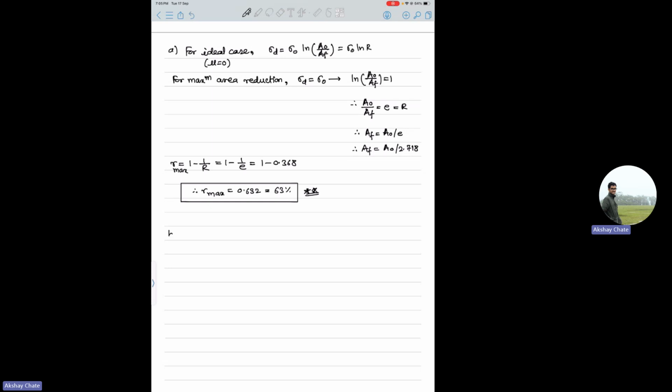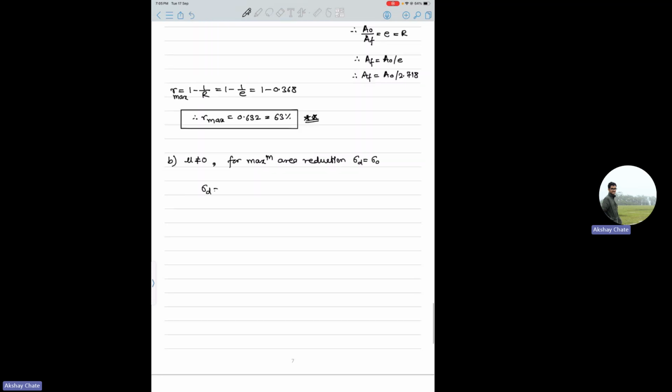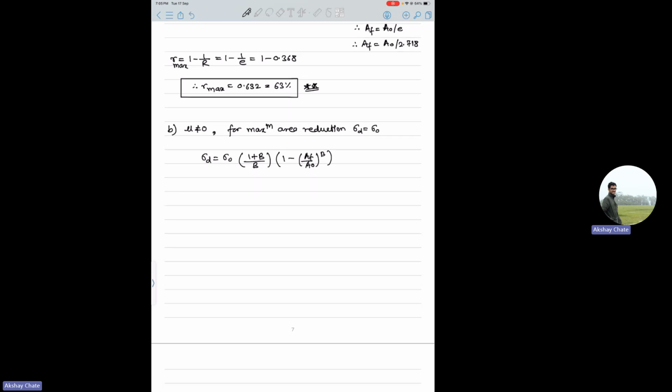And the second case is where mu is not equal to 0. In this case also, the criterion is the same for maximum area reduction: sigma d has to be equal to sigma naught. Okay, and our formula for sigma d is sigma naught into (1 plus B) by B into 1 minus (af by a0) raised to B. Sigma b is 0, usually if back tension is not given, you just assume it as 0.